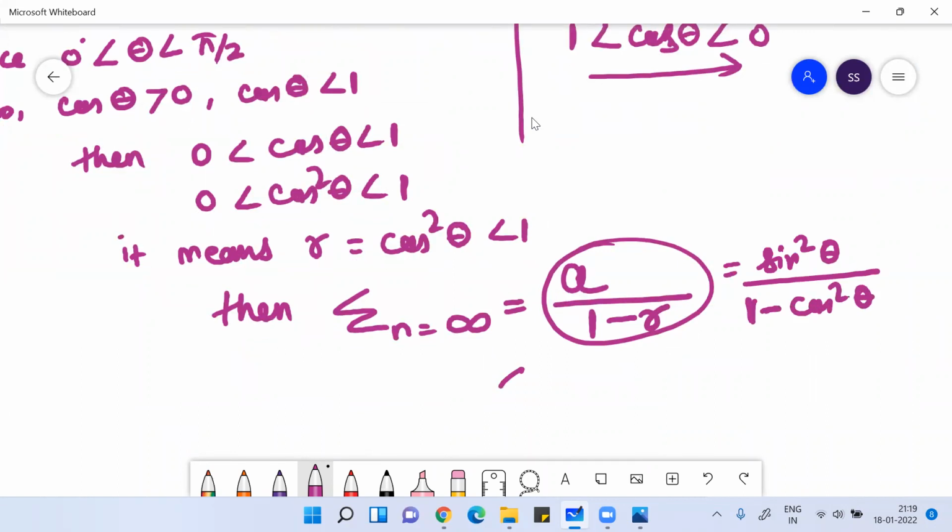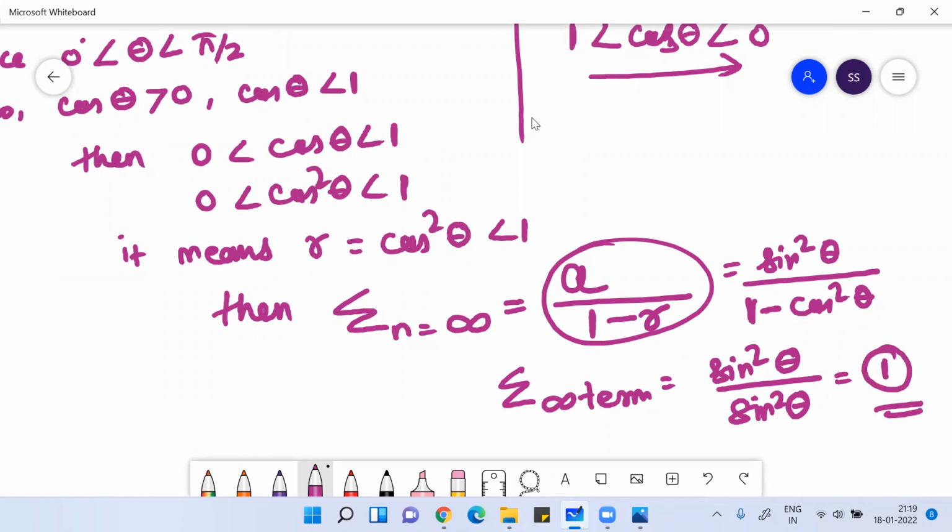So the sum of infinite terms is sine square theta divided by 1 minus cos square theta. 1 minus cos square theta is again sine square theta. So the sum of infinite terms will be equal to 1.